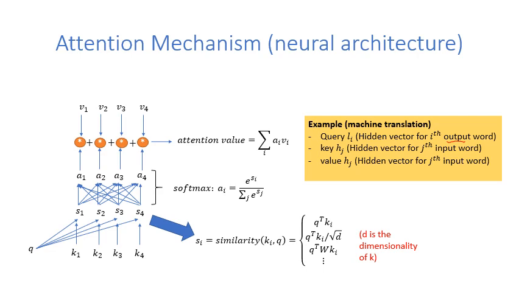So your input word in each position would be your key, and also it would be your value. So you compare your keys in input with the current word in the output, and based on the similarity, you compute a weighted sum of the hidden space of the input values. So it's general, could be used for self-attention, could be used for attention between encoder and decoder.